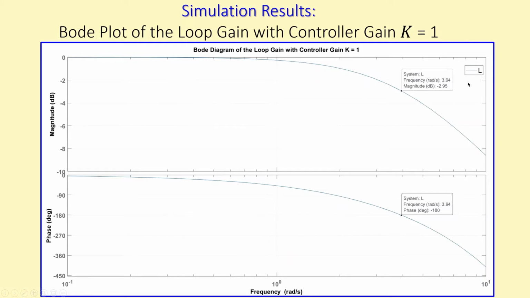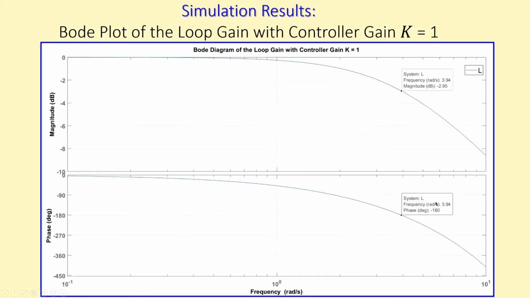What you can see here is the following. If I look at the phase plot here, and if I look at the minus 180 degrees, I see that indeed the frequency is 3.94 radians per second, which is the critical frequency we have calculated.